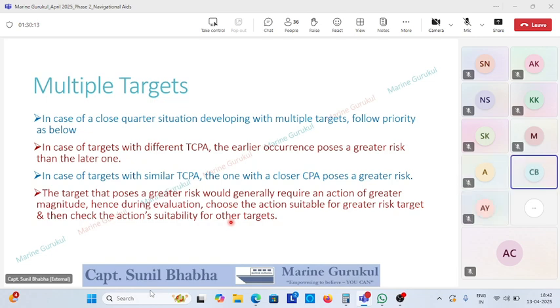This will ensure that the vessel maintains its required CPA with all the targets which are close to us. So with this, now let us proceed to a few questions having multiple targets and see how we solve them. Any doubts in this, beta?